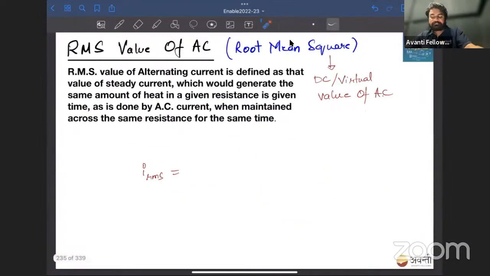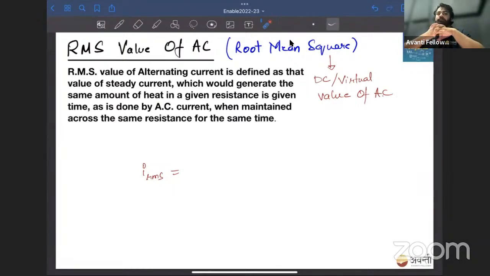Now the second value. Sir, why are we finding average and these RMS values? The reason is that electricity was invented, but when it is commercially distributed, the companies distributing the electricity want to earn money because they are giving a service, and their cost is also there in creating that service.